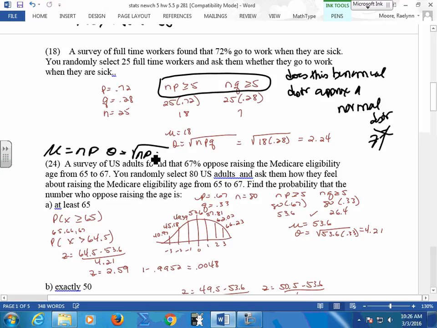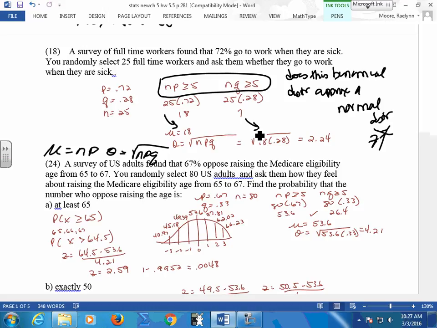The only thing that's going to allow you to use those is testing your np and your nq. So you're going to see it's pretty easy to spot once we get there. If it passes the test, then this automatically is your mean, because this was n times p, and then the square root of n times p times q is your standard deviation. Then you'll be able to use your regular z-score formula, which we're going to do now.